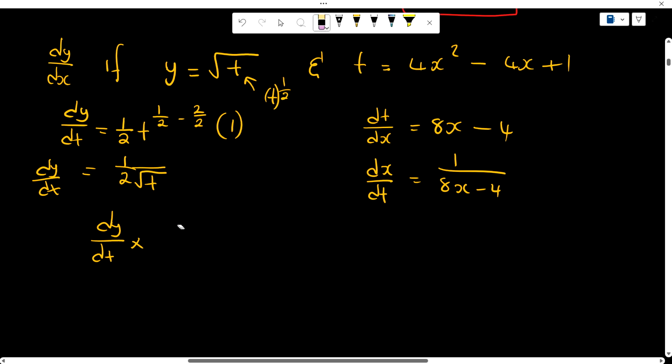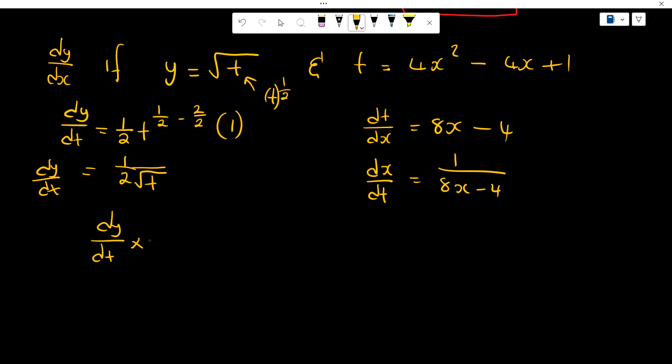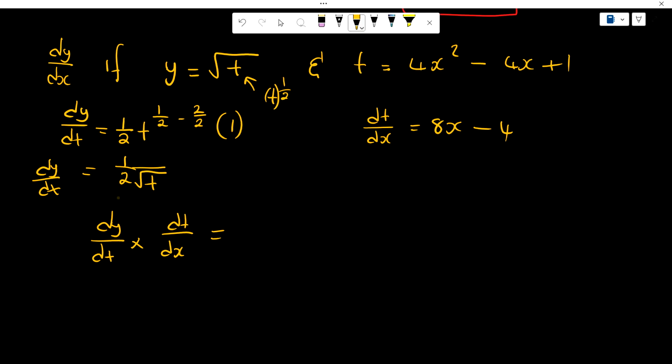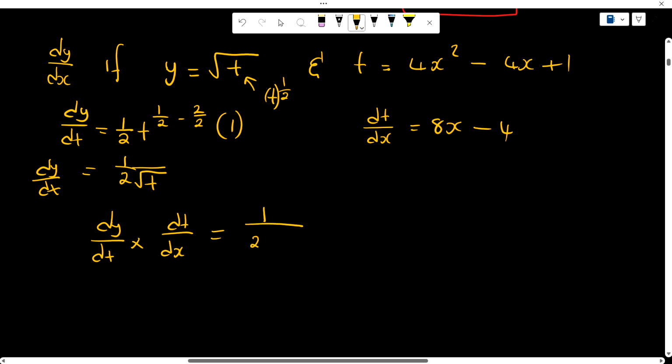No, actually we already have dt/dx, so there's no need for me to flip, so I can just multiply the two. So I took that one and multiplied with that one, and dy/dt is this part here, which is 1 over 2 square root of t, multiplied by 8x minus 4, right?